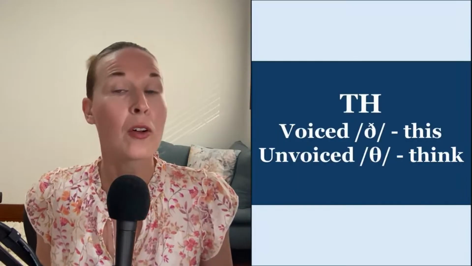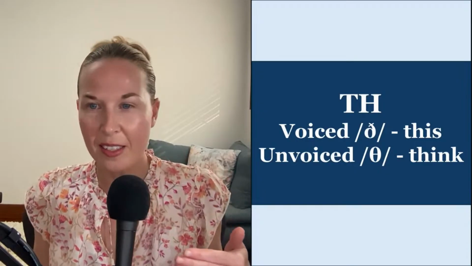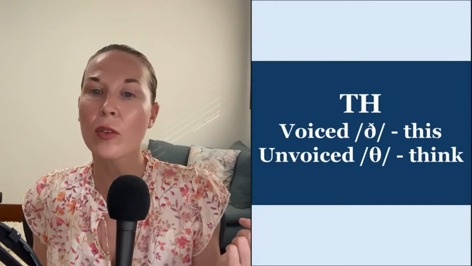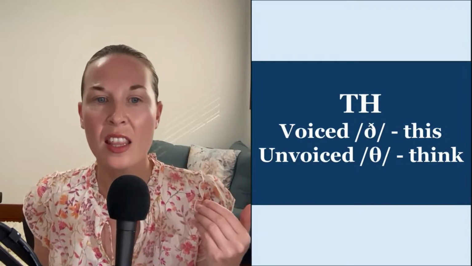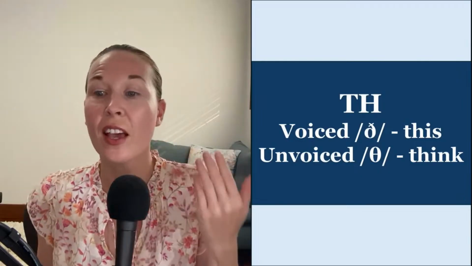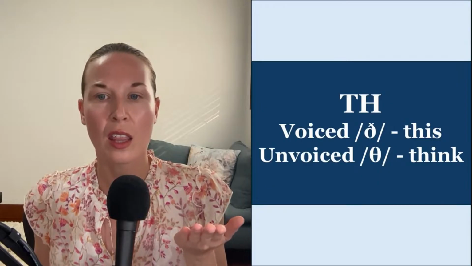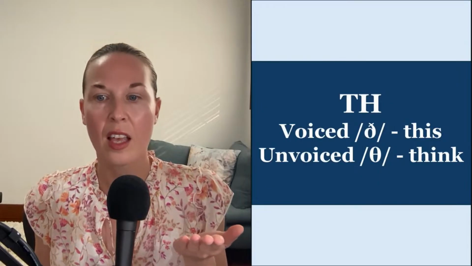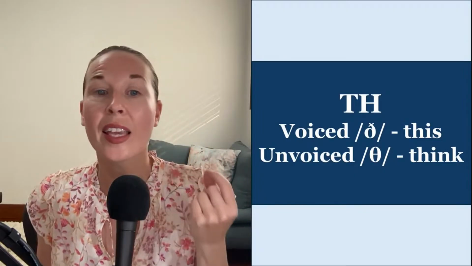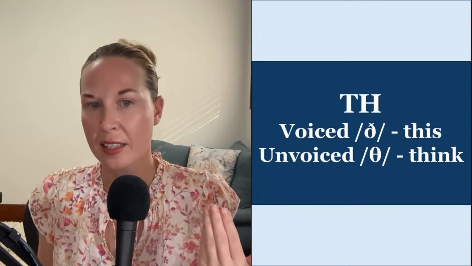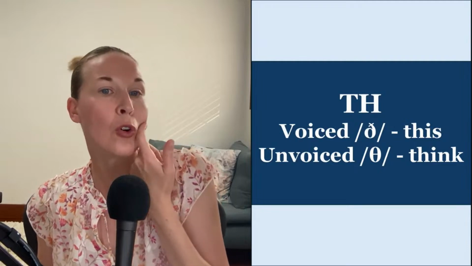Okay. Now, let's move on to the TH sound. Again, this is one that most students practice, but you have to think of the voiced, which this is the symbol, and the unvoiced. So the voiced, you put your tongue between your teeth. Everyone do this. And then you push out the air. This. Now, if you do not do that, it's going to sound like a D. It will sound like dis, because for the D position, your tongue is curled.